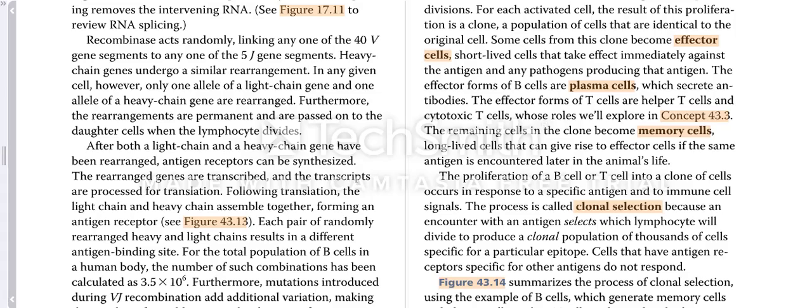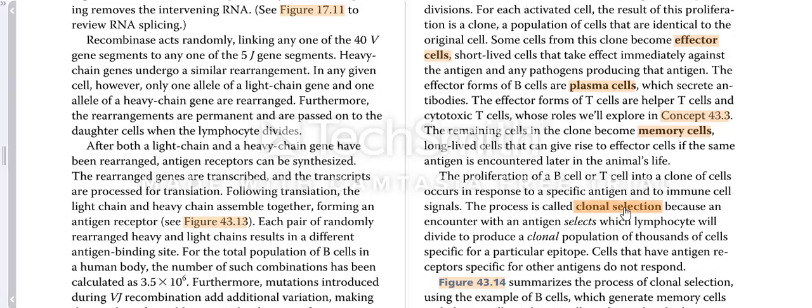These short-lived cells are plasma cells, which secrete the antibodies for B cells. For T cells, they're helper cells and cytotoxic cells, which we will talk about in the next section. The remaining cells of the clone become memory cells, which clone more of the needed cells if the same antigen is encountered.